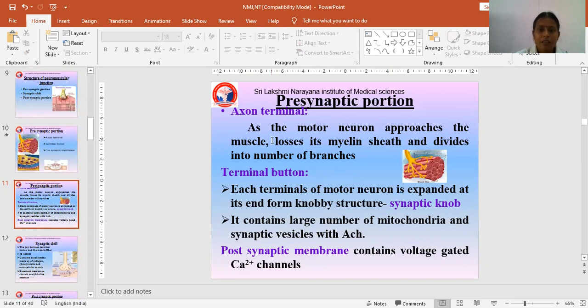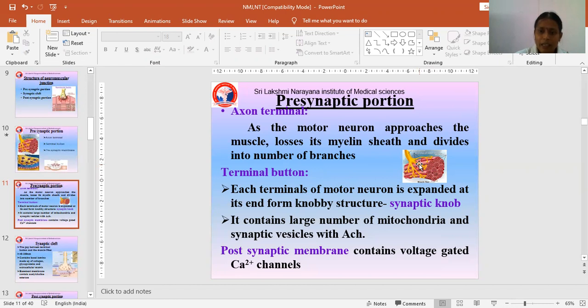The first one is the axon terminal. As the motor neuron approaches the muscle, it loses its myelin sheath and divides into a number of branches. In this picture, you can see as it approaches the muscle fiber, it divides into a number of nerve terminals.